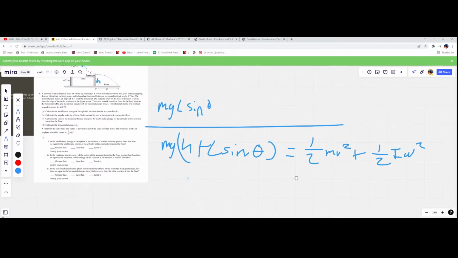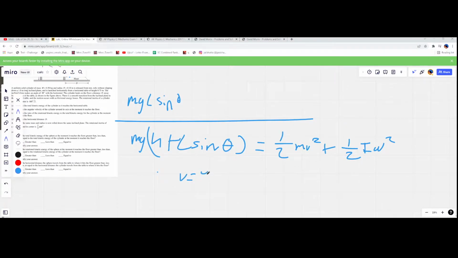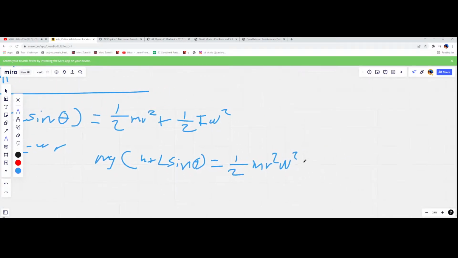Then you're probably literally just going to substitute v is equal to omega r, and then you have mg(h plus L sine theta) is equal to some fraction of mr squared omega squared, plus 1/4 mr squared omega squared.